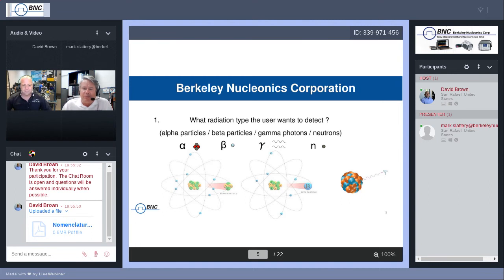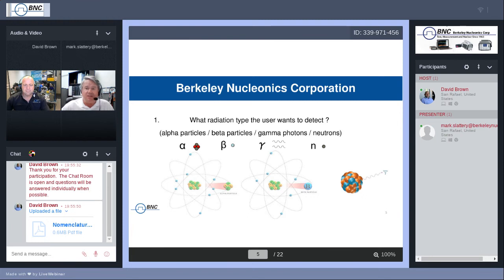One is, we'll ask, well, what kind of radiation are you looking at? What do you want to detect? Are you looking at alpha particles? They tend to be very high energy, but they're kind of big, kind of clumsy, and pretty easy to stop. Very, very thin materials can stop the alphas.